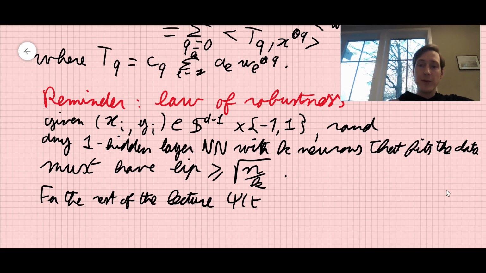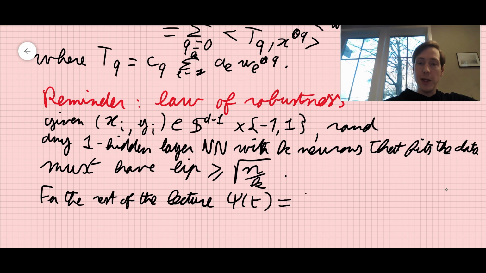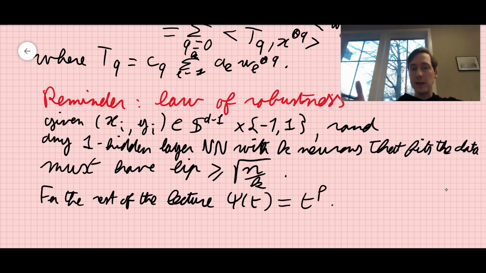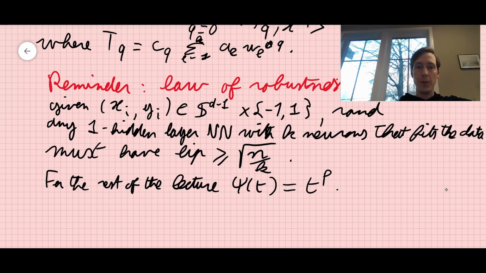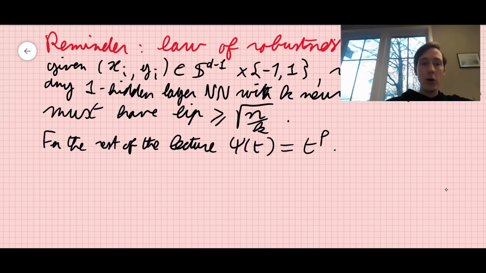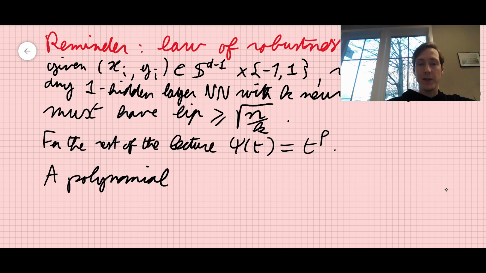For the rest of the lecture, psi of t is just going to be t to the p, just the monomial t to the p, and it's easy to generalize to a full polynomial. So let's first see a polynomial construction, meaning an upper bound. How do you actually fit the data with this tensor network, a polynomial construction?